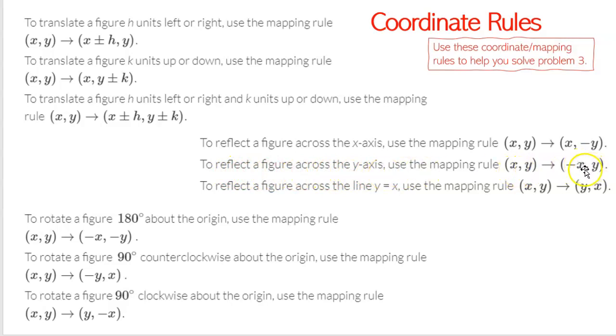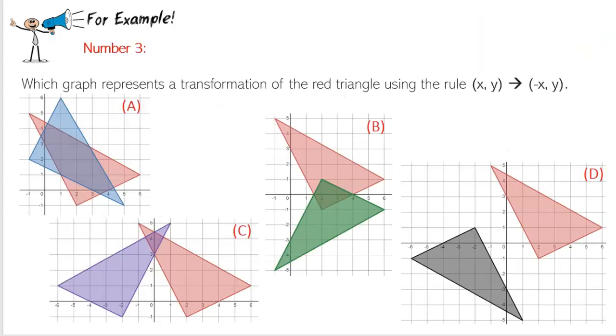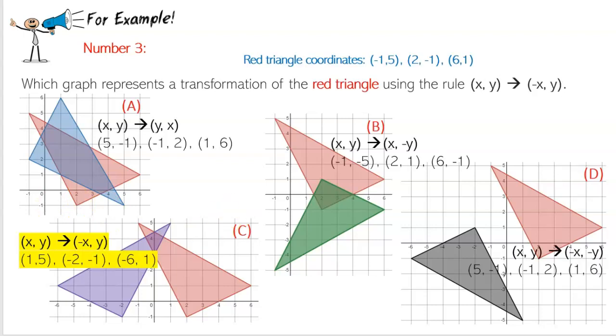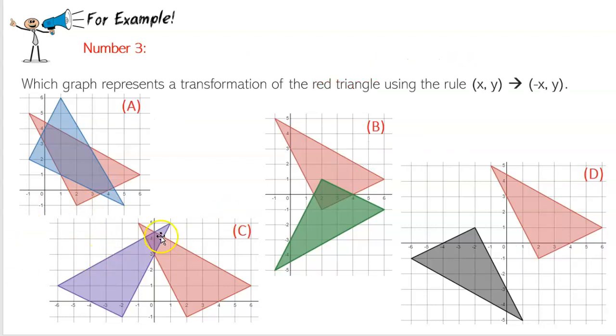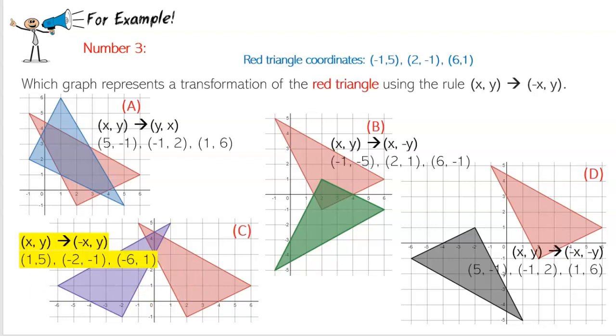So at least we know we're going to look for one that reflects across the y-axis. Where is that y-axis? It's right here. So it doesn't look like my red triangle is reflecting across the axis in this one, so you can look through them. And the answer is letter C. Let me go back to the lesson here. If you see this y-axis right here, it does look like the red triangle is reflecting across that into this coordinate, but you can also, like I said, write down the coordinates and see if you get a negative x, y.